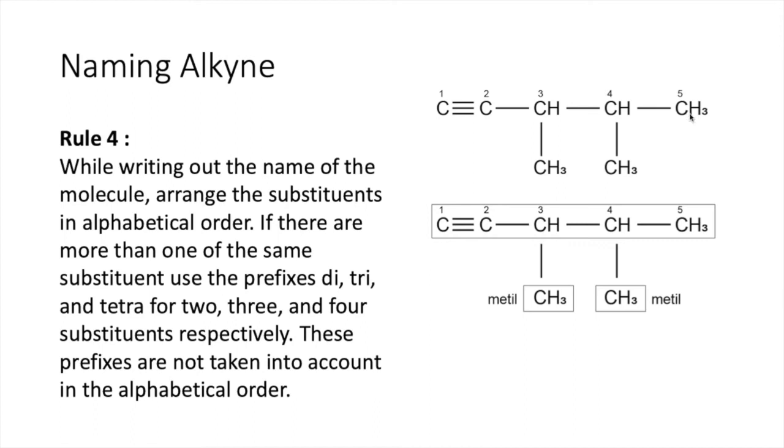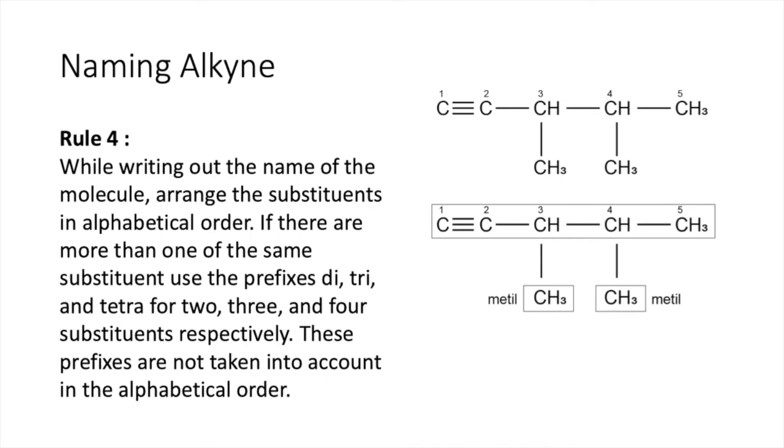This is an example of an alkyne structure. The triple bond is located at carbon number 1. So we number this structure from the lowest, carbon number 1, which is closest to the triple bond.